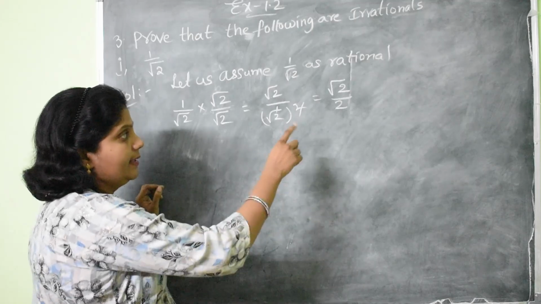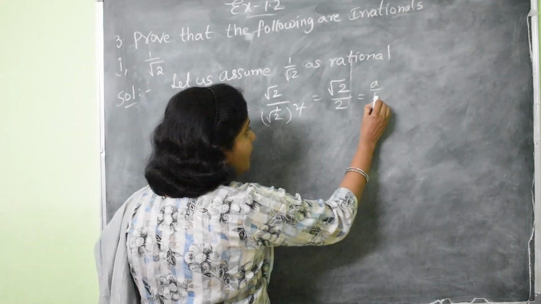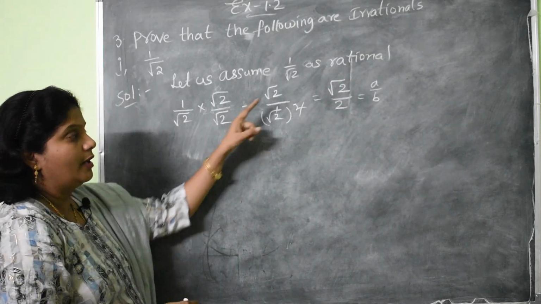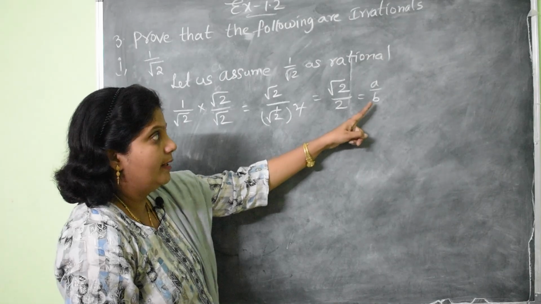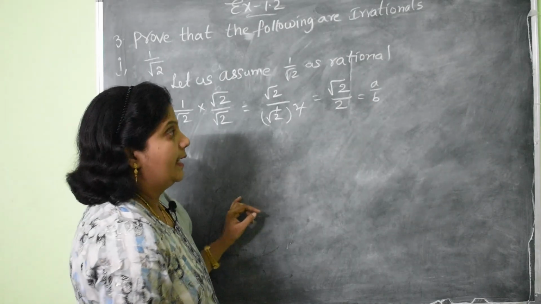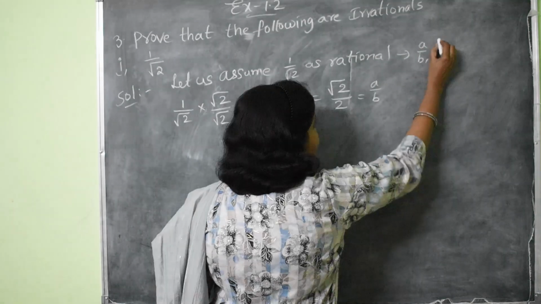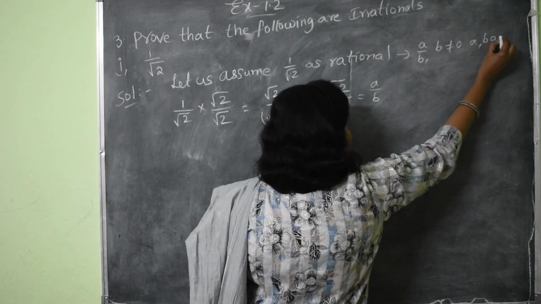So, let us equate this number to A by B. Why are we equating to A by B? Because we assumed this as rational. I am assuming this 1 by root 2 as rational. That's why I am equating this to A by B. What is a rational number? A rational number should be in the form of A by B, where B is not equal to 0 and A, B are co-primes.